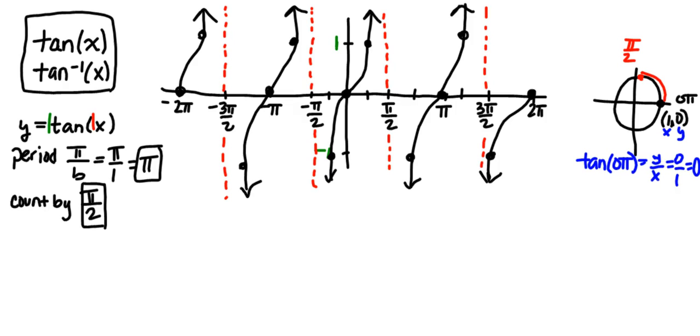So we need to ask ourselves, what part of the tangent graph can I keep and still have it pass the horizontal line test? So starting at the origin, if I head right, this section is good to go, but I really can't look anywhere here or here because then it would fail.